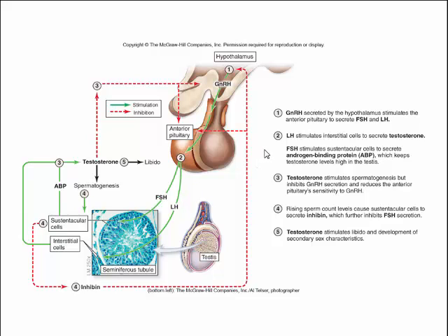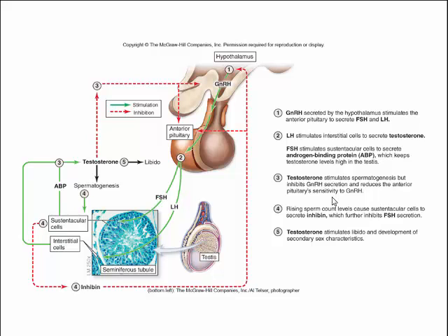They have very different functions. LH stimulates interstitial cells to produce and secrete testosterone. FSH stimulates the sustentacular cells to secrete the receptor for testosterone, which is the androgen binding protein, ABP. Androgen binding protein holds testosterone within the cells of the testes.